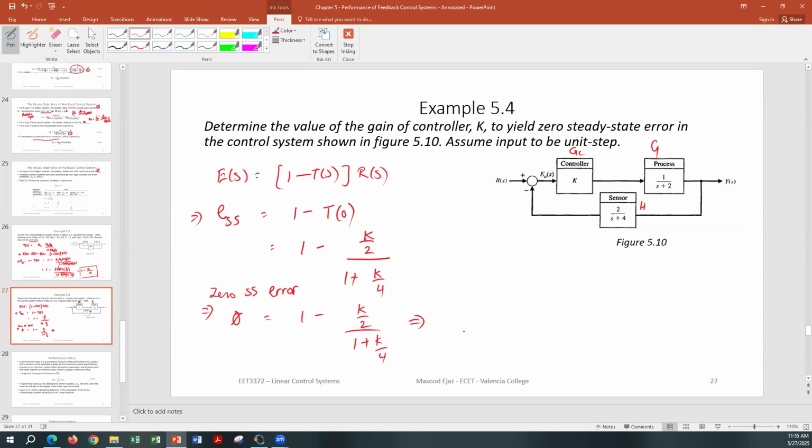That is going to be K over 2 over 1 plus K over 4 equals 1. We can simplify this, it might be easier. That's going to be 4 plus K over 4, and then 2. So 2K over 4 plus K equals 1. So 2K is equal to 4 plus K, and am I doing it correctly?